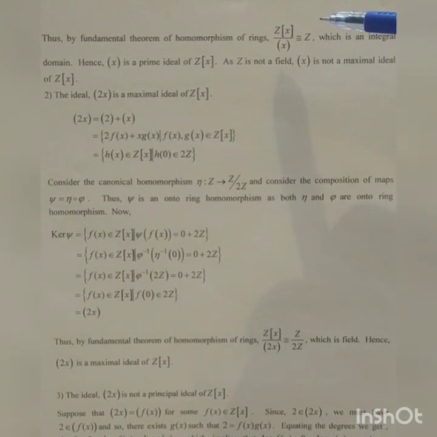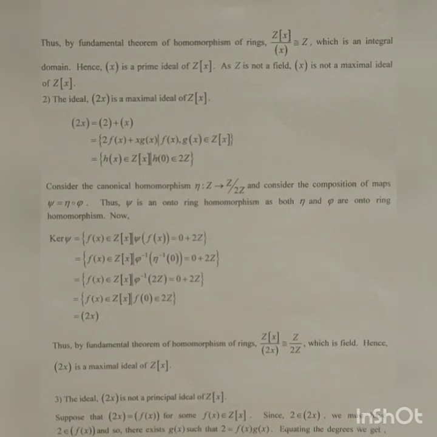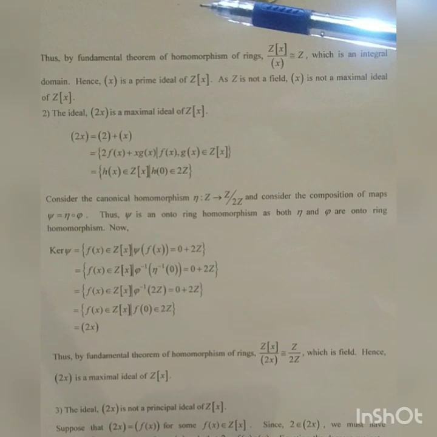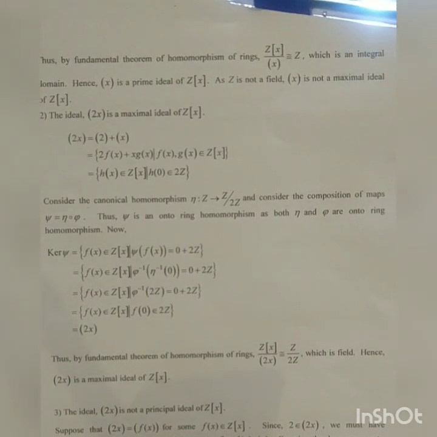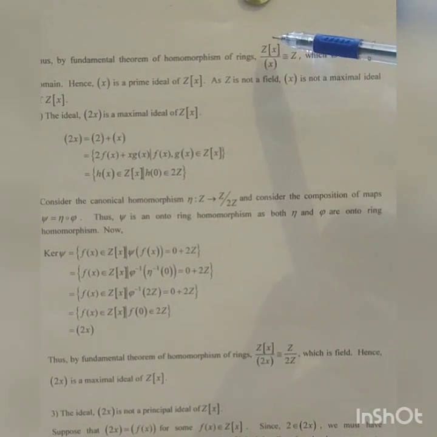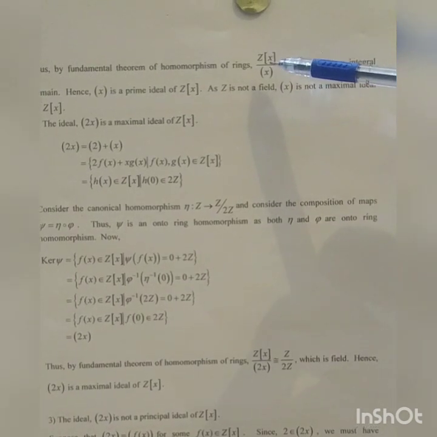But we know that Z is an integral domain, and there is a result which says an ideal P of a ring R is a prime ideal if and only if R/P is an integral domain. Since Z is an integral domain, Z[X] divided by the principal ideal (X) is also an integral domain.